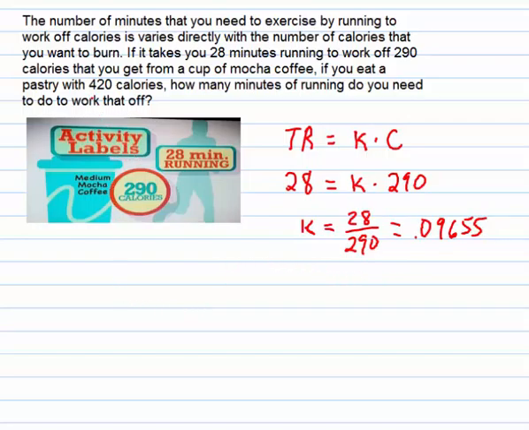So now if we eat a pastry with 420 calories, how much time would it take? So time running is just equal to that constant, 0.09655, or we could write it as this fraction, times 420 calories, and that's equal to 40.5 minutes of running.